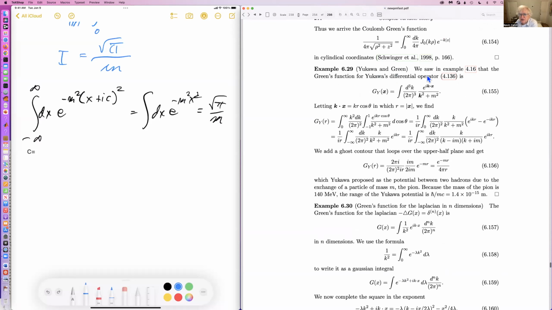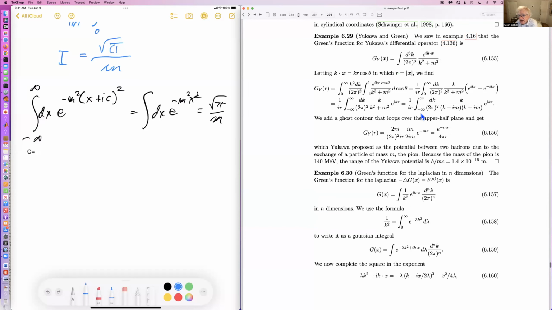So let's look at another example of a ghost contour. We saw that the Green's function for the Yukawa differential operator is this. If we then let k dot x equal to kr cos theta, theta being the angle between k and x, we get this expression here after doing the cosine integral, the theta integral.